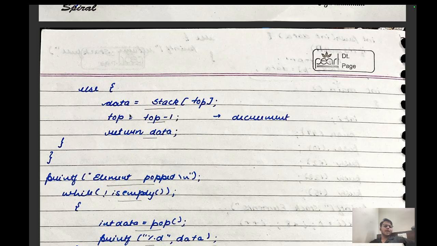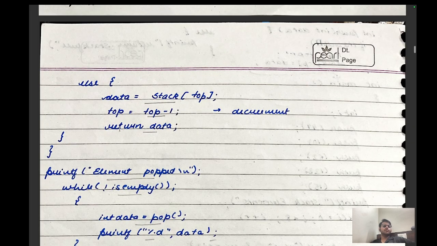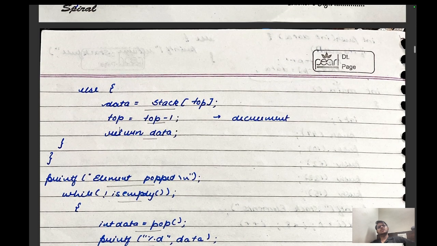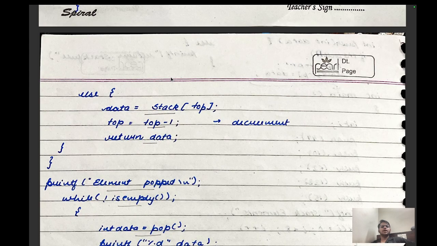So we make another integer variable, data, which stores the value of the topmost element of the stack, and we perform the operation top equals top minus one, which decreases the top index value by one.